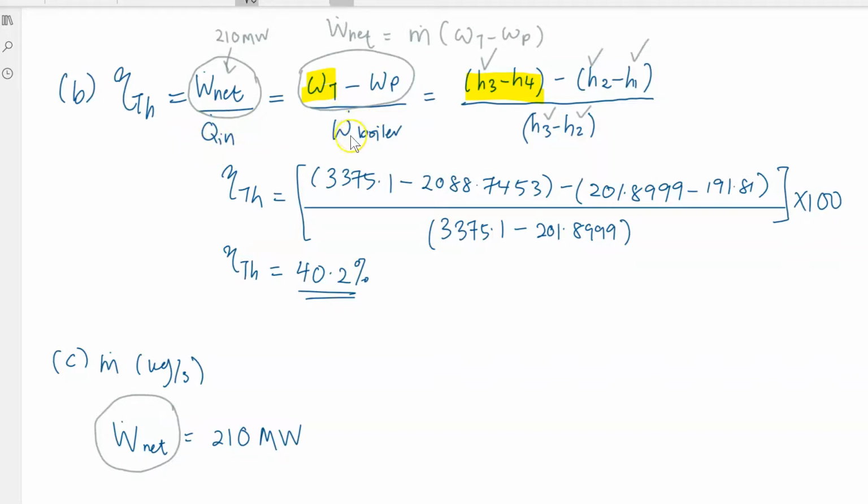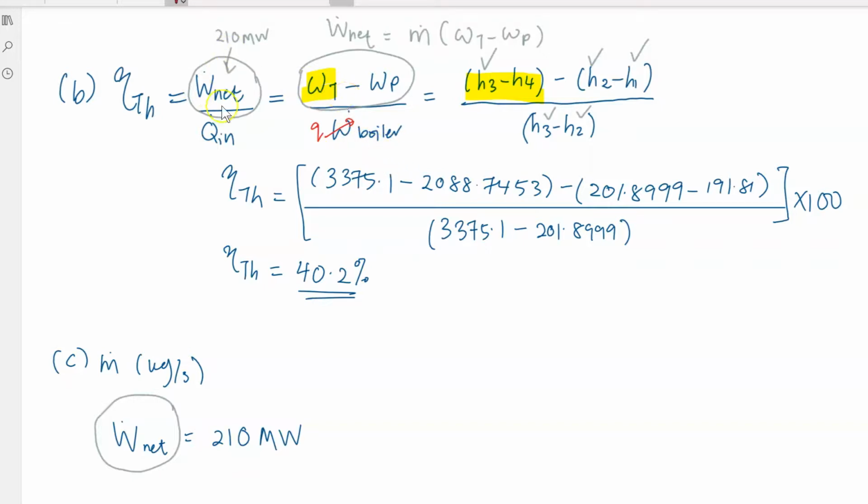I had just realized I have the wrong equation over here. It should be Q. I apologize about that. Sorry, Q small. The unit should be homogeneous.